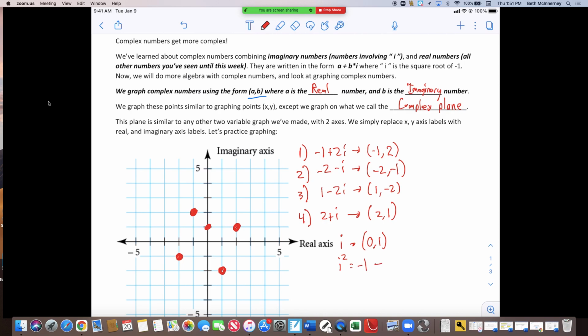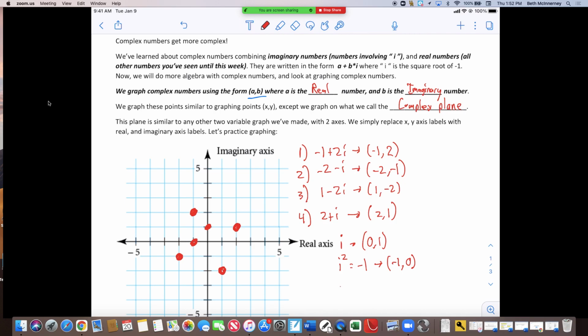And so how would we put that in mapping notation? Is -1 a real number or an imaginary number? -1 is a real number, so we're just going to put that for the real part. And then we've actually gotten rid of the imaginary part by squaring it. And so we're going to have -1, 0 right here.